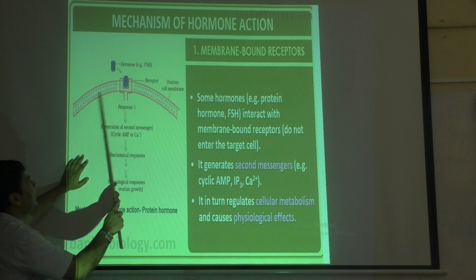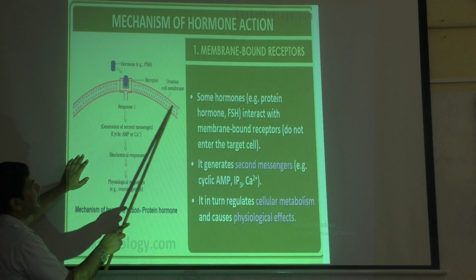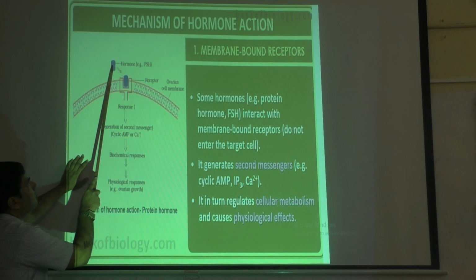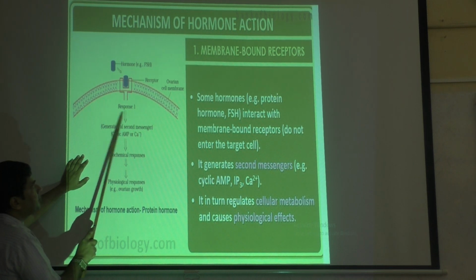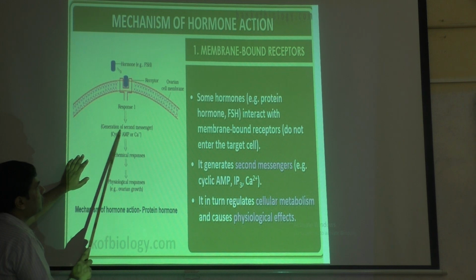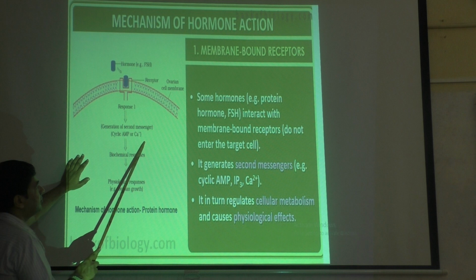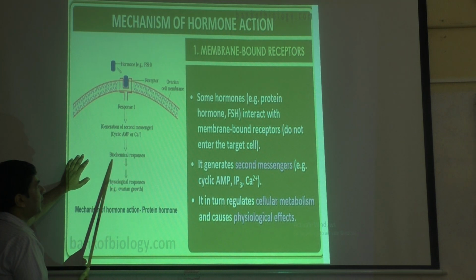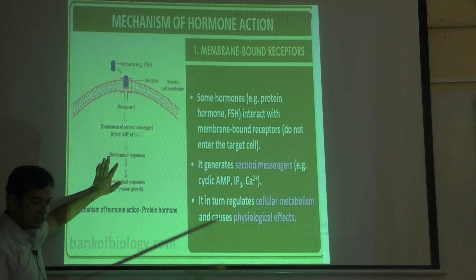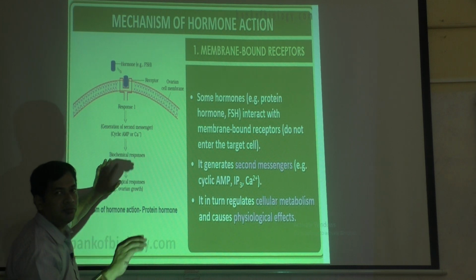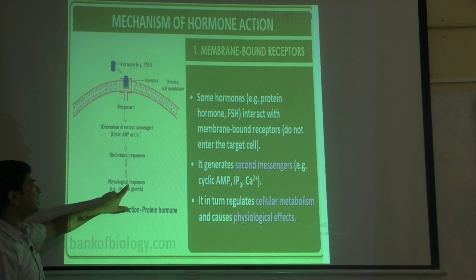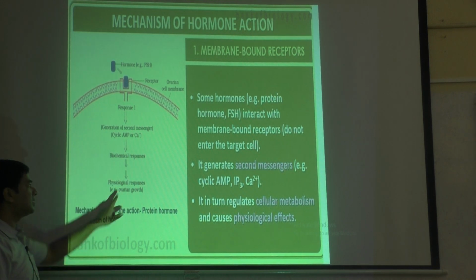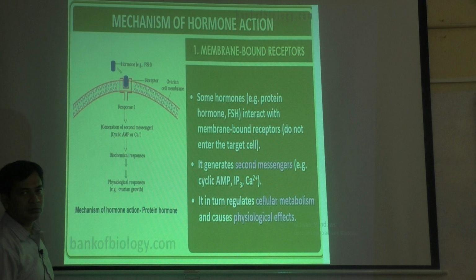Understand, okay? This is a cell, this is the outer membrane of the cell, there is a receptor. When the hormone binds to the membrane bound receptor, it shows response 1. Then by producing secondary messengers, cyclic AMP and calcium, they produce a biochemical response, meaning production of new compounds, new chemicals, and those new chemicals bring a change in the physiology, that is ovarian growth.